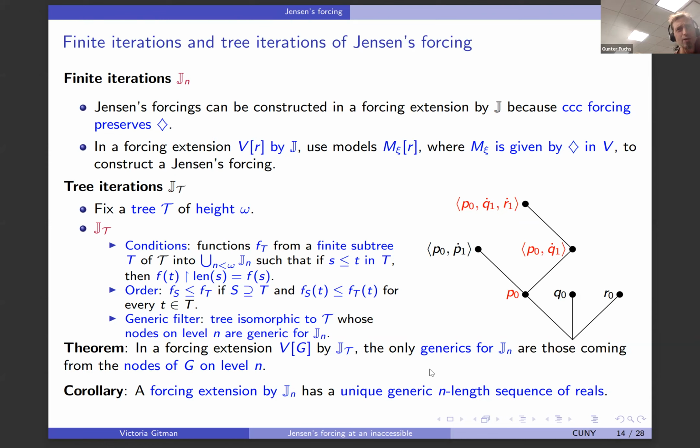CCC forcing of size omega-1 should also be fine, right? I think so. No, I think it is omega-1. Okay, good, never mind. Absolutely. Okay, good, thank you.